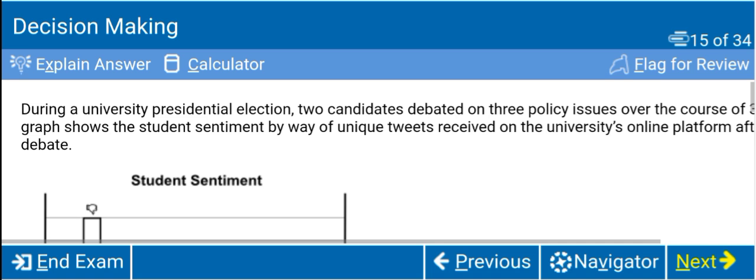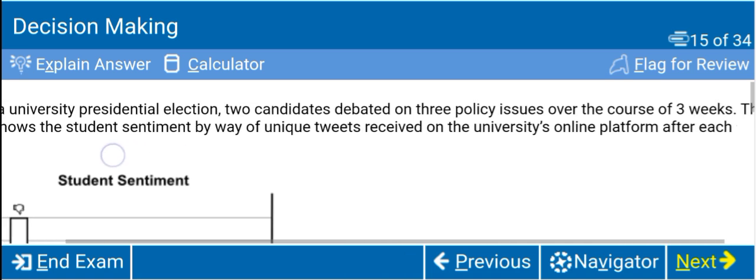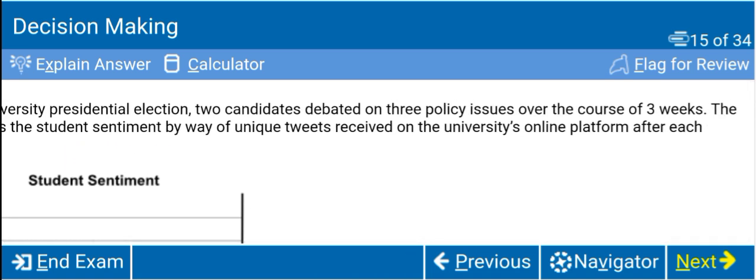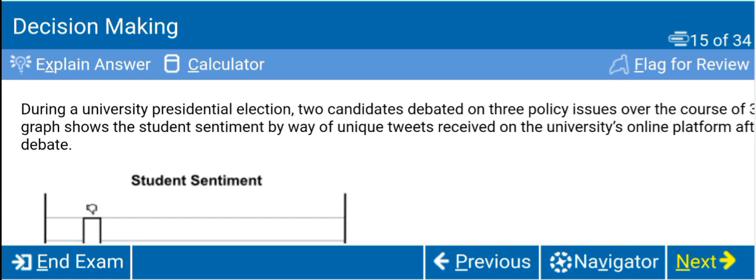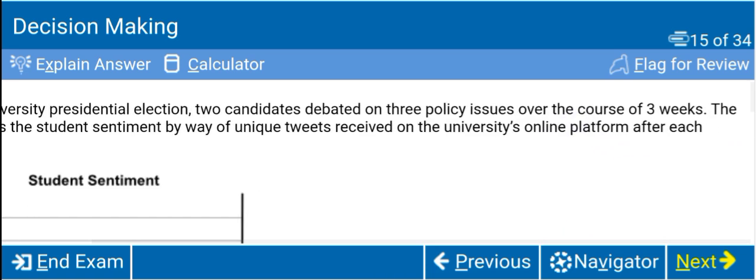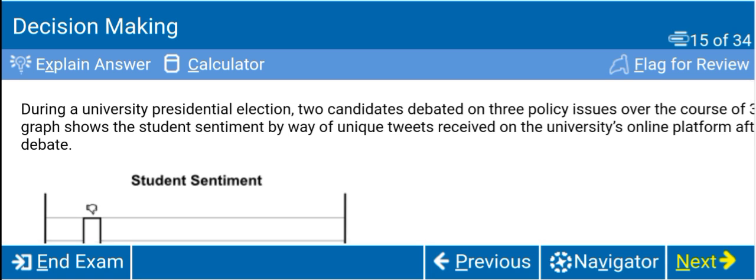Next question we have: during a university presidential election, two candidates debated on three policy issues over the course of 3 weeks. The graph shows the student sentiment by way of unique tweets received on the university's online platform after each debate.